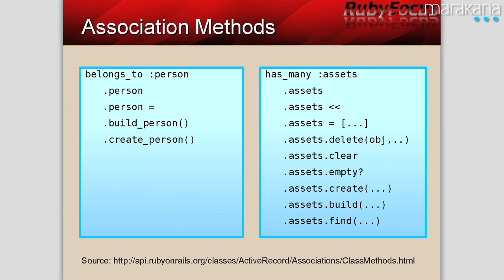You can delete objects, you can clear, you can check for empty. Create is interesting. You call assets.create. Compare that over here, where you have create_person. The syntax is a little bit different because on the belongs to side, you only talk to one other object. On the has many side, you talk to a collection of objects. And so this is the way they implemented that. Same for build and same for find.